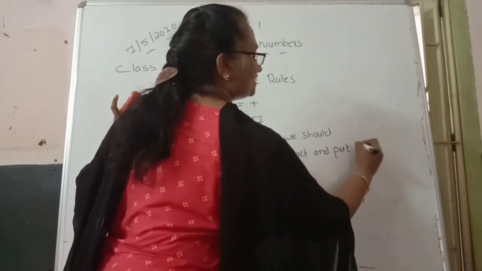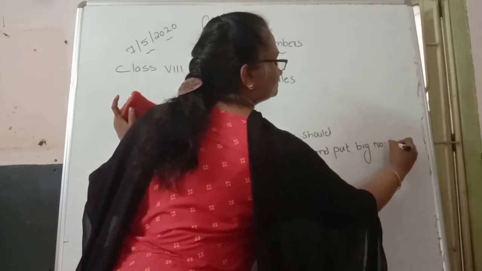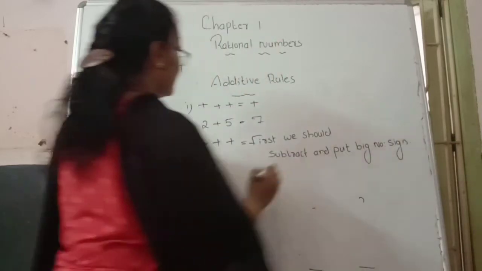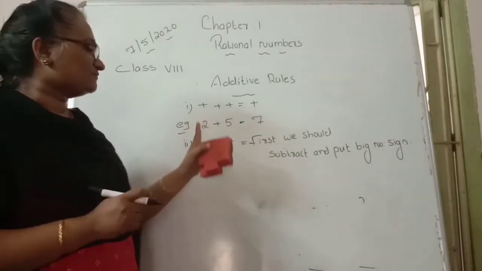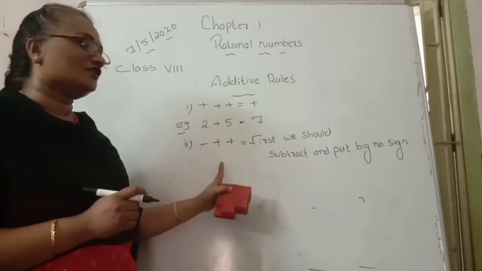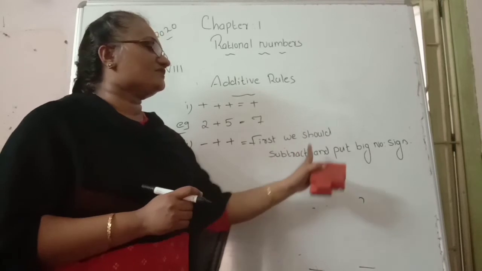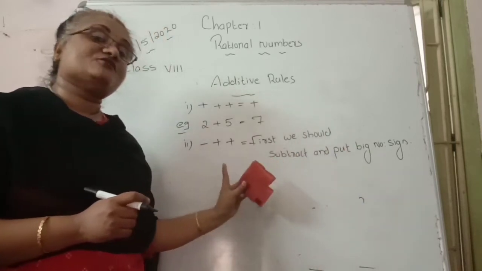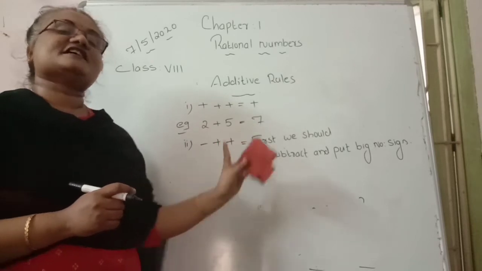Opposite signs, with addition as the operation. First we should subtract the two numbers. Afterwards, looking at the question, see which number is bigger, and the sign that number has, we keep that sign in the answer place.